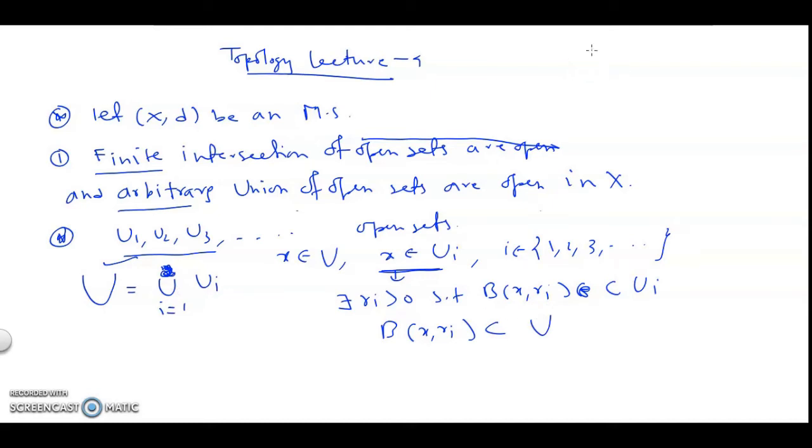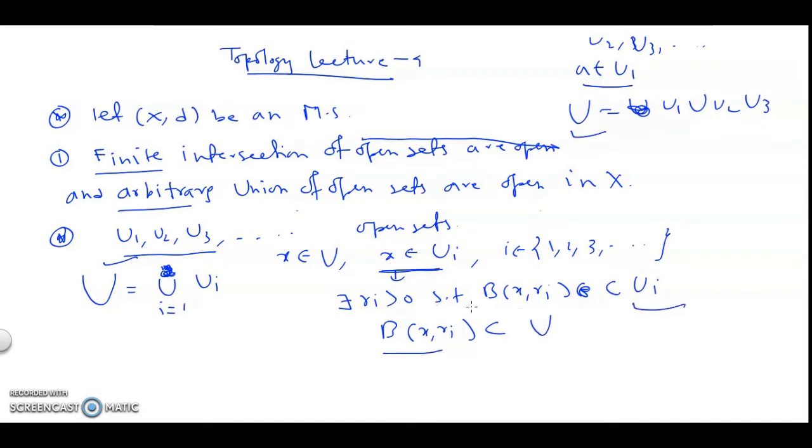Suppose a belongs to U1 and there are U2, U3. So we have taken the union of U1, U2, U3. Suppose a belongs to U_i, so definitely a will belong to the union. Similarly, B(x, r_i) belongs to this U_i. Hence, since capital U is the union of all U_i's, this open ball will obviously be contained in the total union.